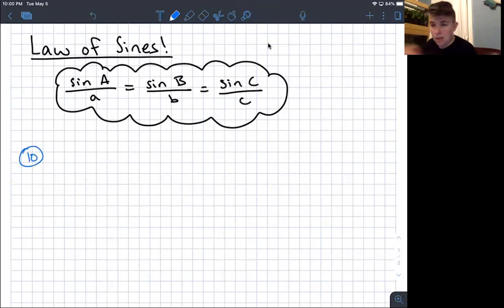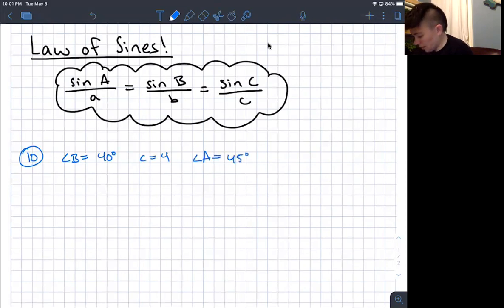And number 10 is actually, it drew a triangle for you, but I'm going to list out what the angles and sides are, because that's how you're going to see it on an assessment. So let's see, we have angle B equals 40 degrees, side C equals 4, and angle A equals 45 degrees.